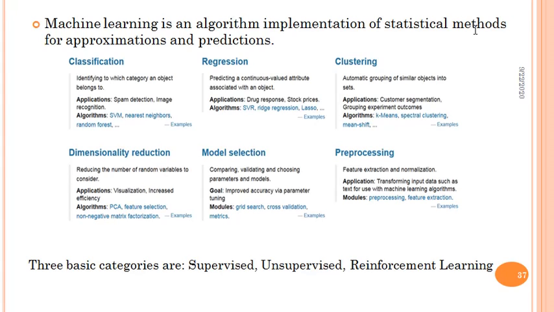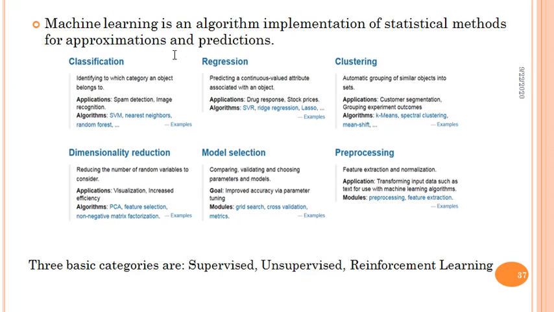The applications of clustering are customer segmentation, grouping experiment outcomes, and many others. The most commonly used clustering algorithms are k-means clustering and spectral clustering, and we will be discussing all those algorithms in detail.